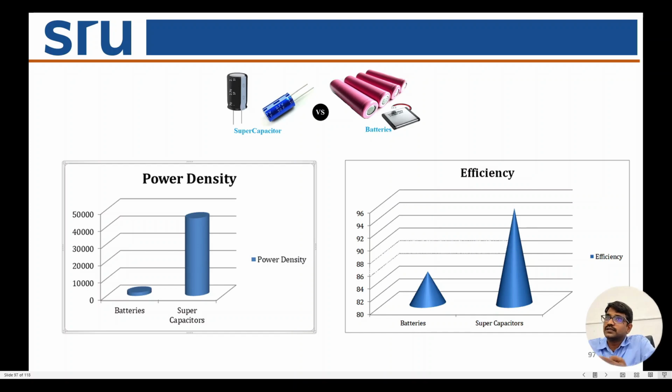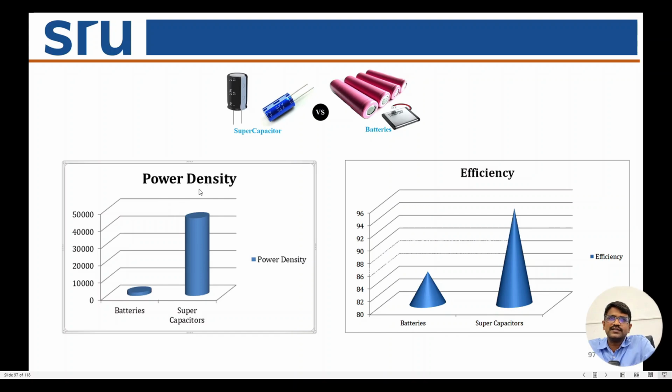If you compare this property with capacitors, it is even higher. But coming to power density, capacitors provide very little energy, so we cannot consider capacitors in this segment. In efficiency, capacitors are more efficient.